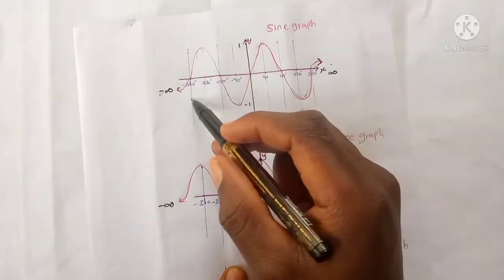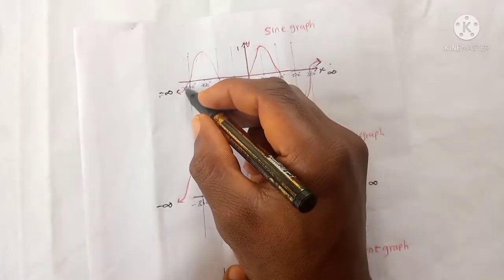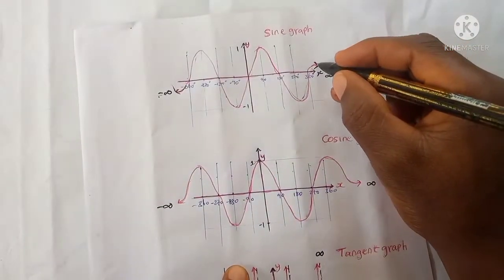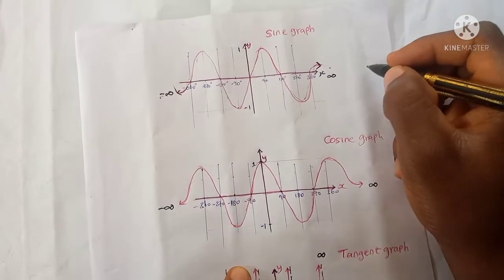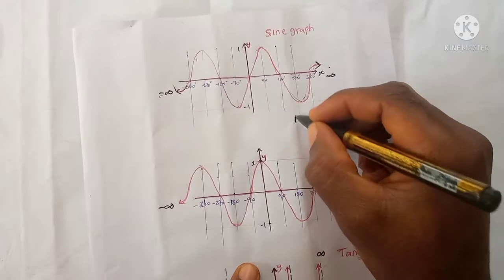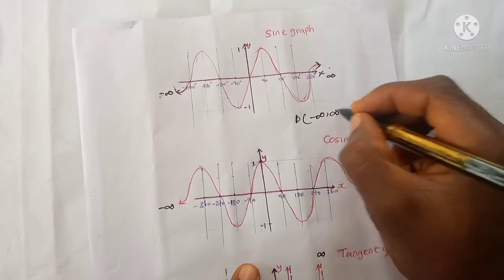If you take a close look, this line goes all the way to negative infinity, while this one goes all the way to positive infinity. So we can say that the domain of sine theta is negative infinity to infinity.